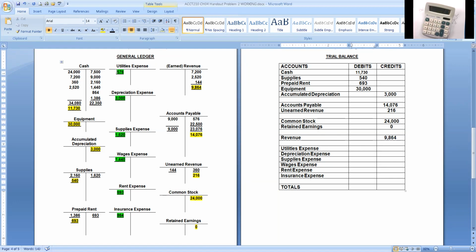And now we're going to go through the expenses. Utility expense. Depreciation expense, 3,000. Supplies expense, 1620.